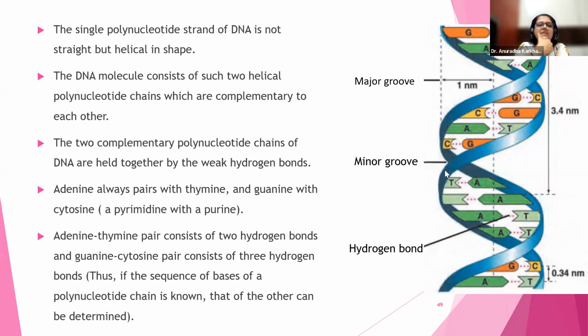Thus, if the sequence of bases of one polynucleotide is known, the other chain sequence can be derived. You can determine the other chain.